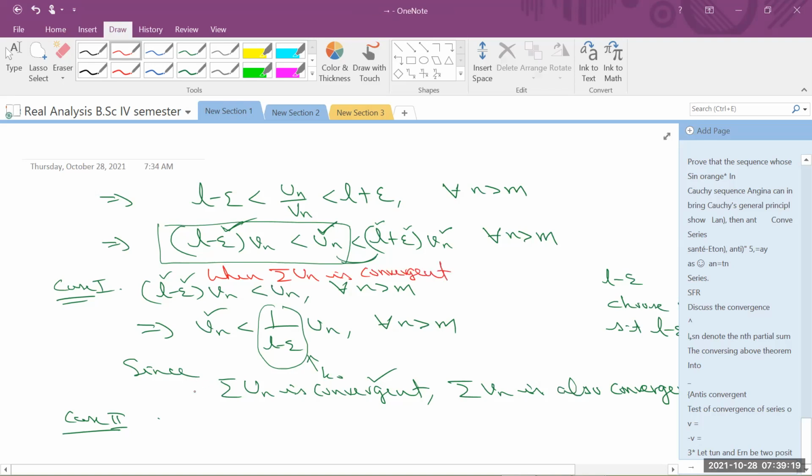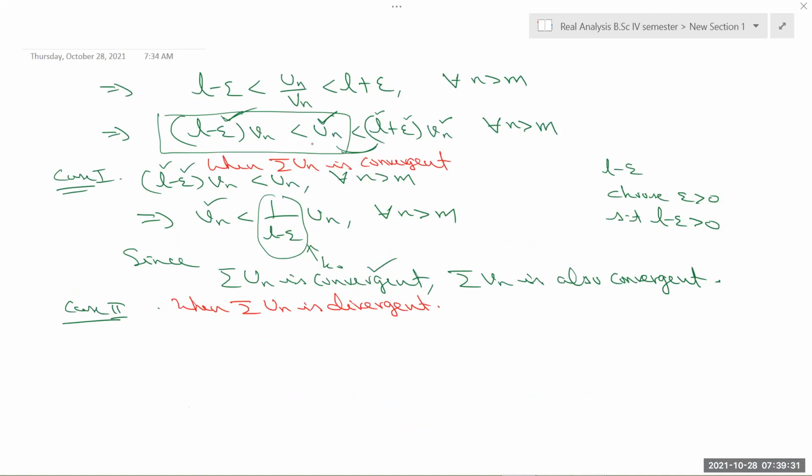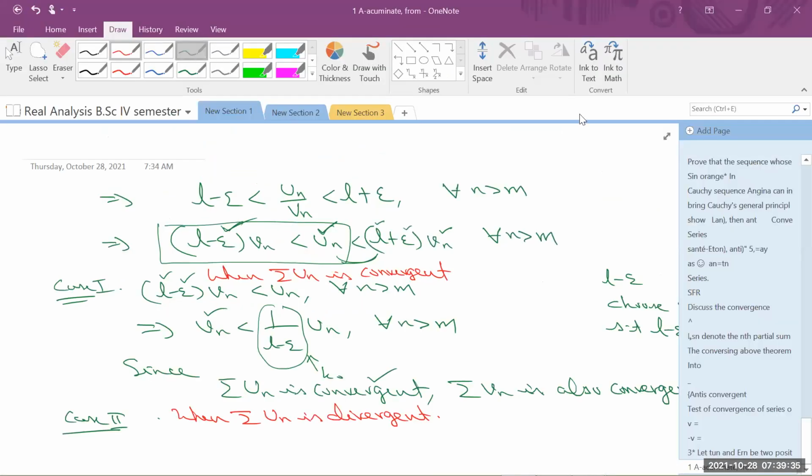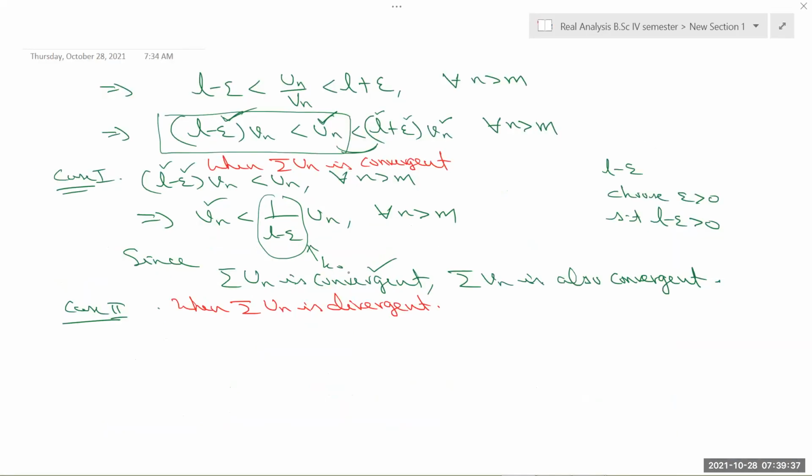Now, the second case, when series Un is divergent. So for that, use inequality 2, the second inequality. Look at the proof of this one.